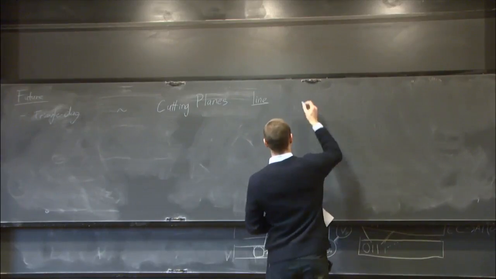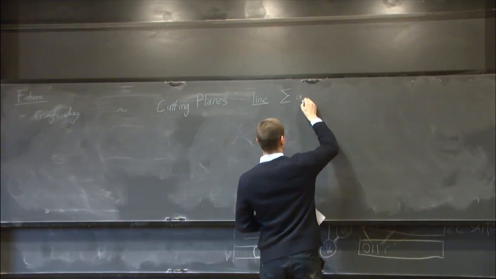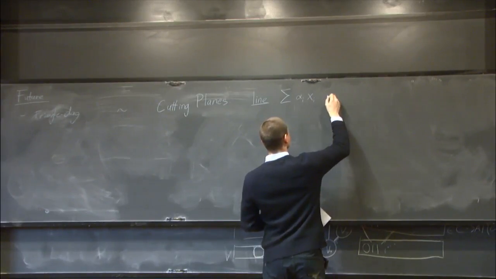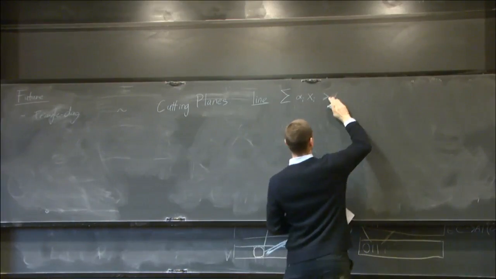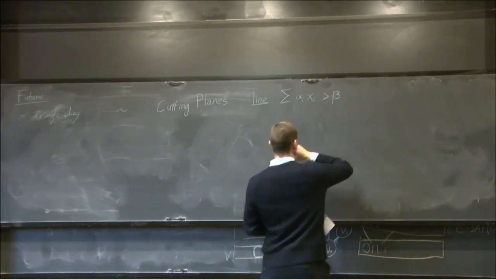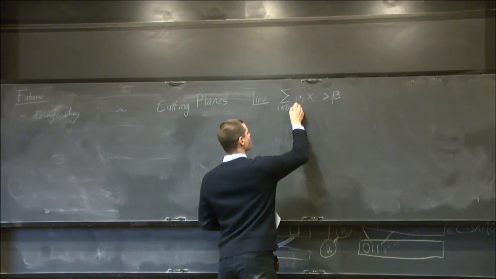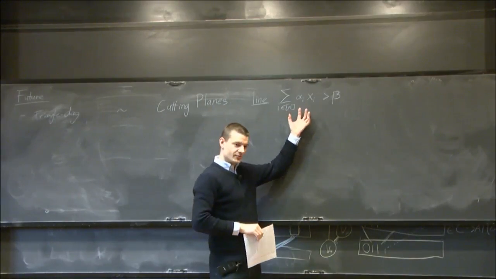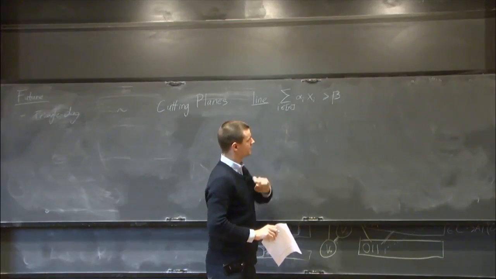So a line in the proof, instead of a clause, is an expression like this, with some real coefficients. It's just a linear inequality in the space of your n bits.